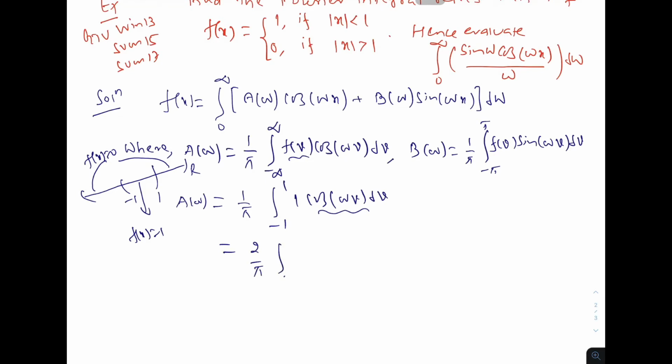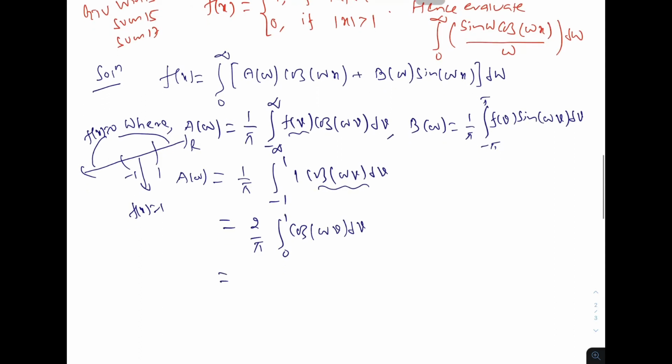pi, integration 0 to 1 of cosine omega v dv, and this is equal to 2 by pi times the integration of cosine, so that is sine omega v divided by omega, because the integration is with respect to v.